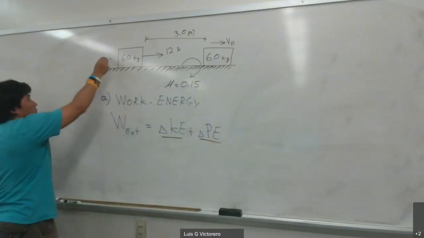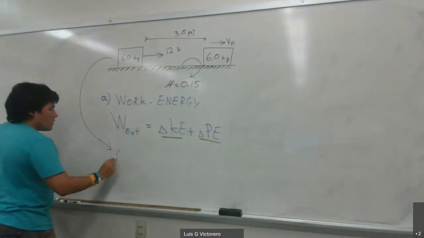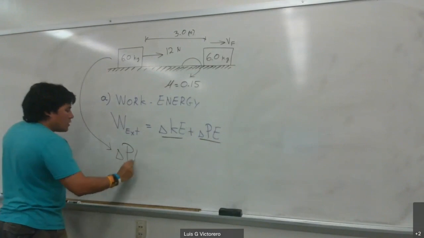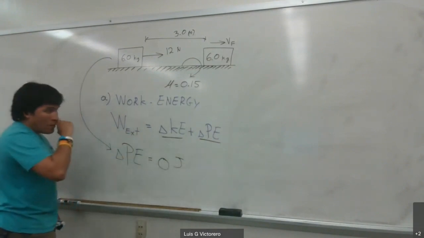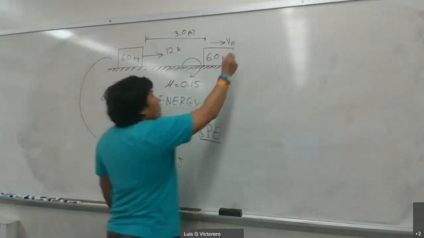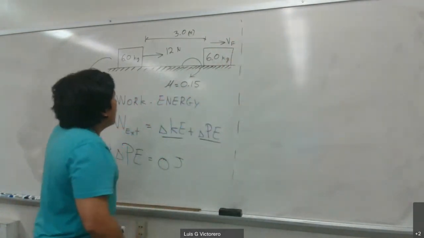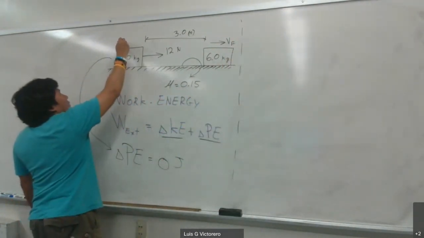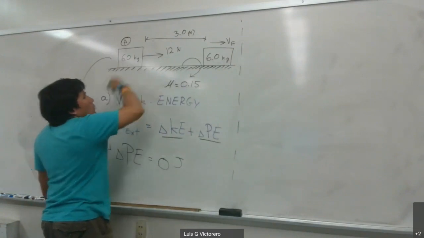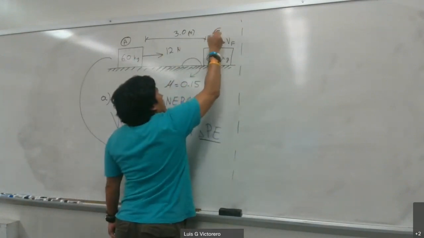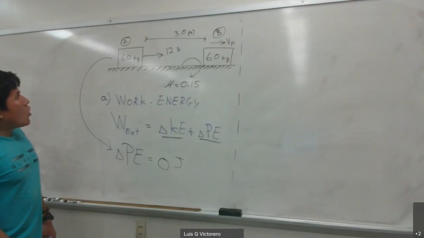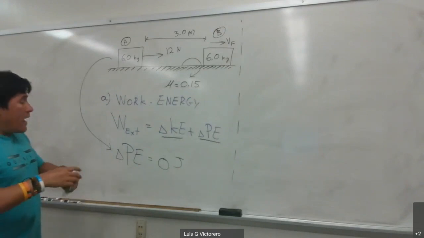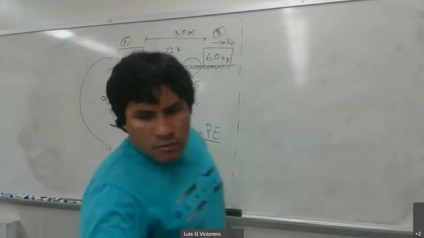Obviously, in this system, the potential energy is just 0 joules, so we don't worry about it. Your position A is this. Position B is this.